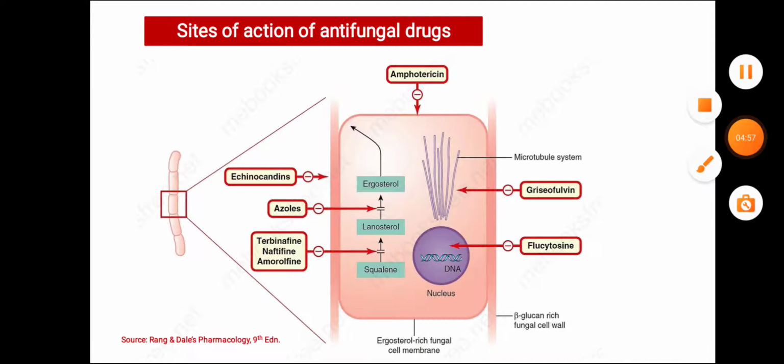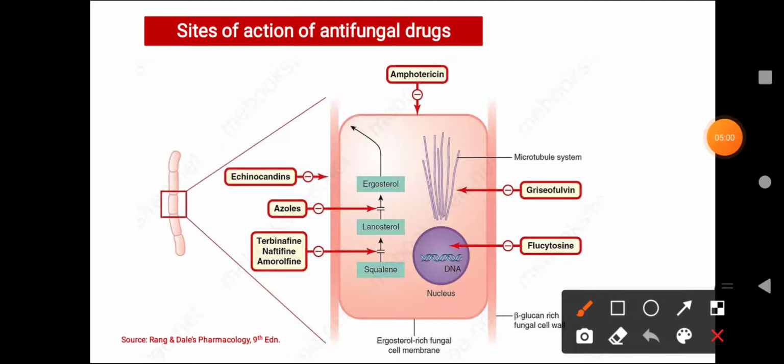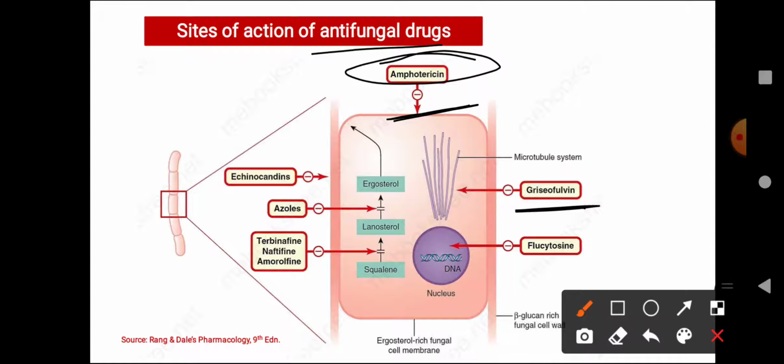Now let us look at the site of action of these antifungal drugs. Amphotericin B, that is the polyene, acts on the cell membrane, and griseofulvin, the example of heterocyclic benzofurans, acts on the microtubule system of the fungal cell.